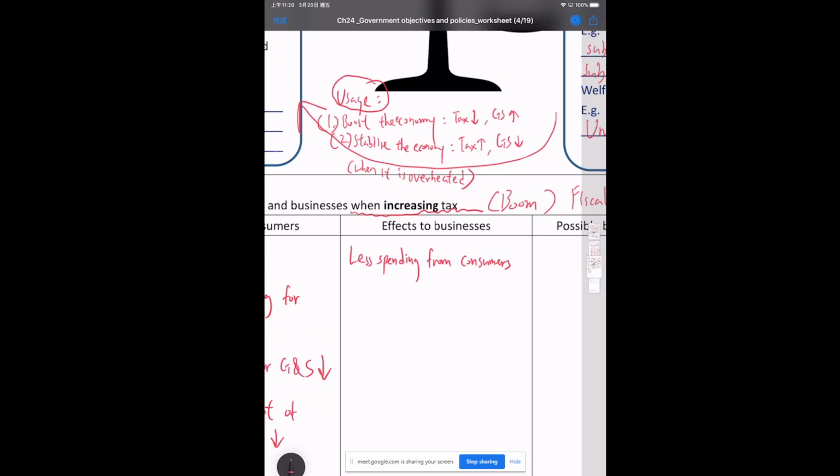And that's why there will be less revenue, or sales, for the businesses. Oh yeah, exactly. They are all connected. They are basically all connected.